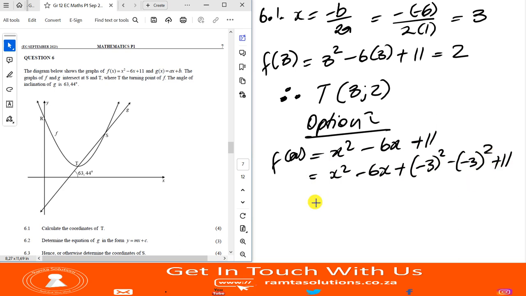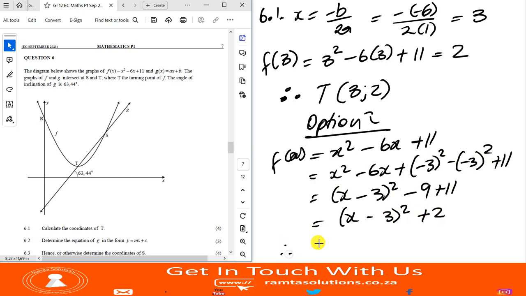Plus 11. So this is x minus 3 all squared minus 9 plus 11, which is x minus 3 all squared plus 2. Therefore, T is, remember, the turning point is negative p and q. So this will be 3 and 2. Perfect.